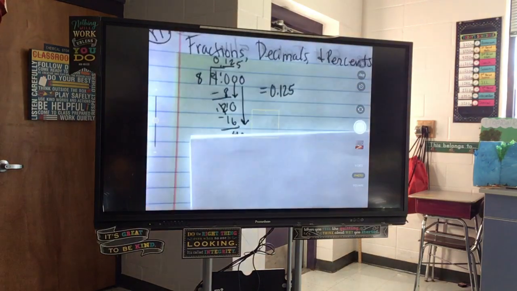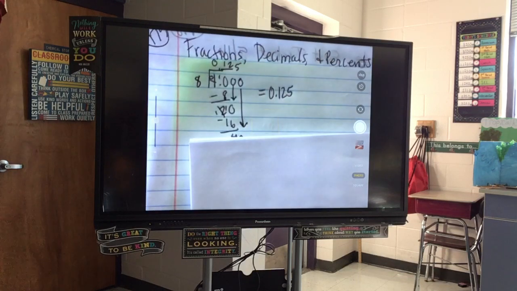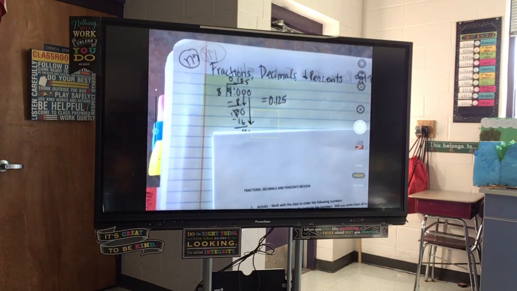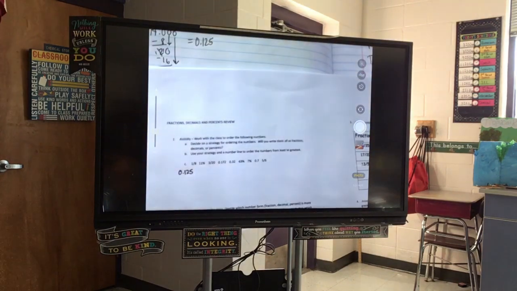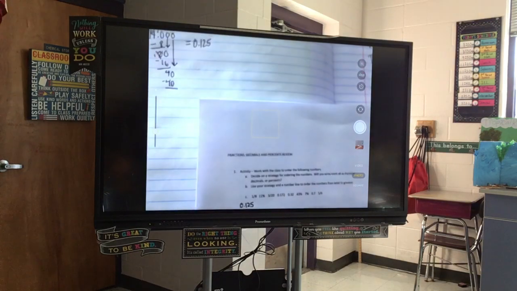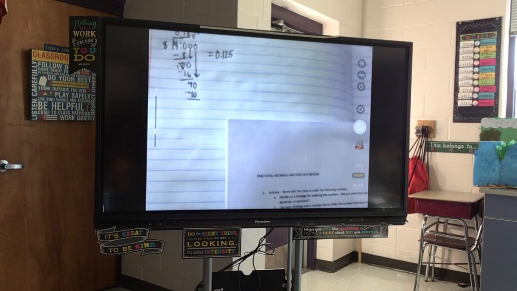Alright, so we're going to write 0.125. And this isn't necessarily in the order, it's just we're writing it down so we know all of our decimals. Alright, 11%. That one should be pretty easy. How do we go from a percent to a decimal? Joe?